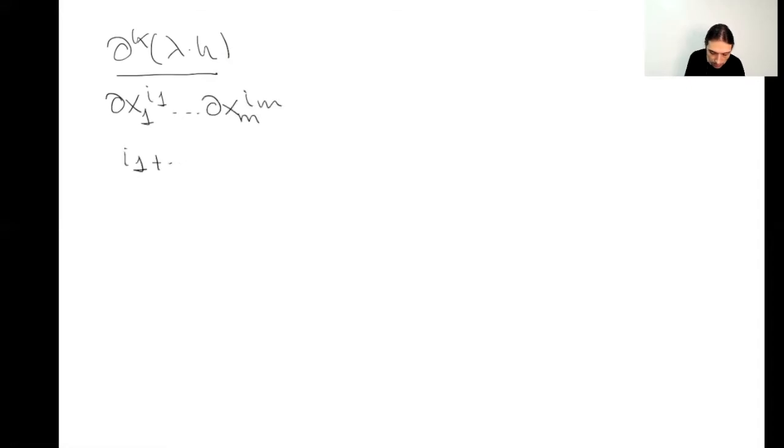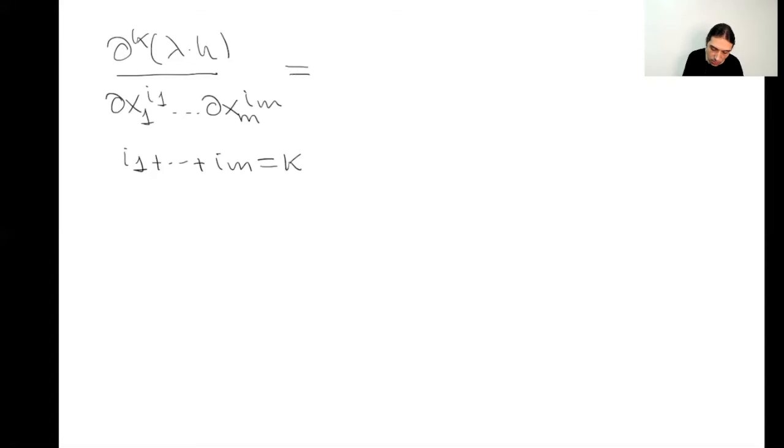And what we want is considering over here derivatives. Of course, here we should consider components of the h, but okay, we are abusing the notation a little bit. And we want something like this. We want to consider partial derivatives of order k, where k is less or equal than r.